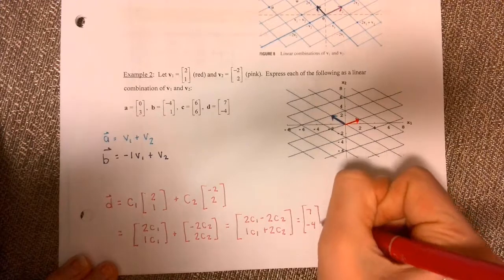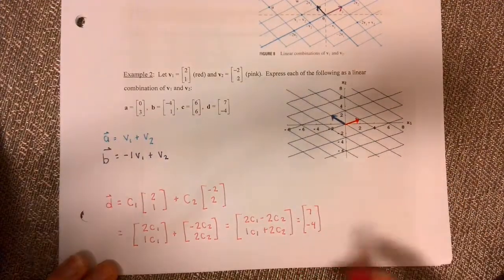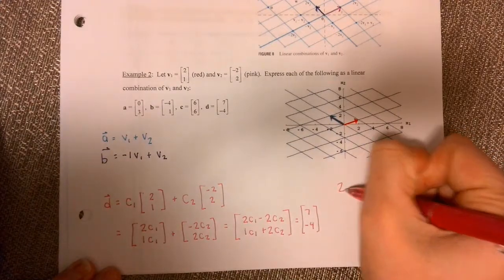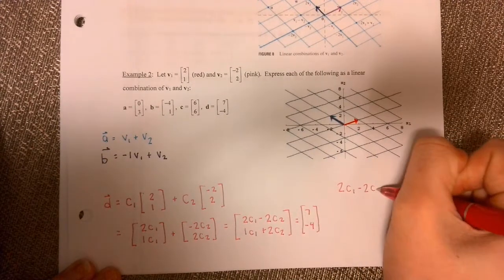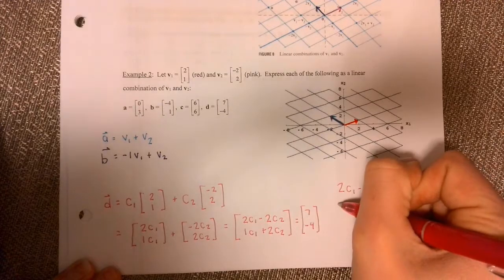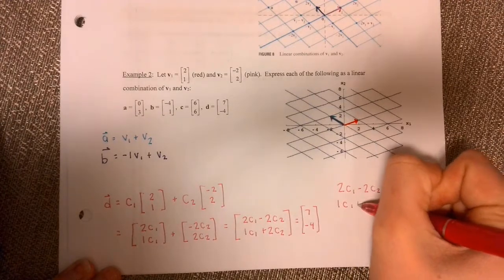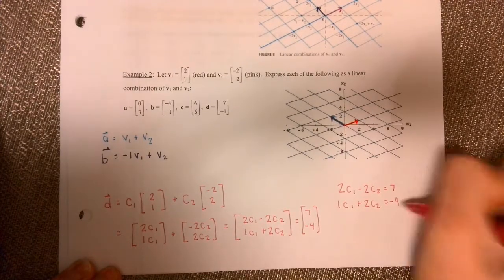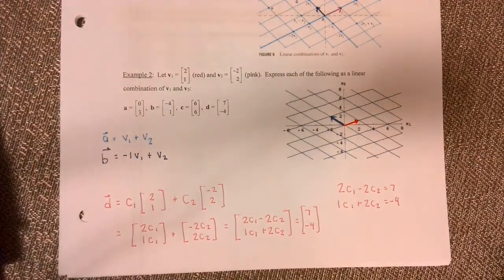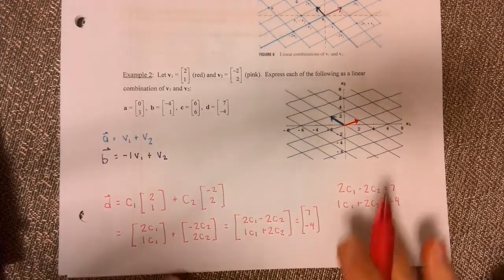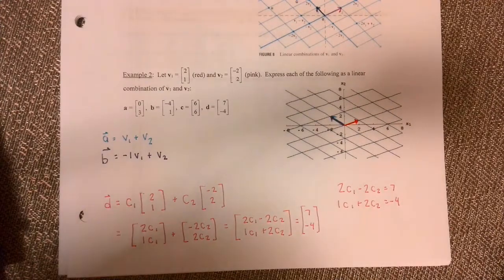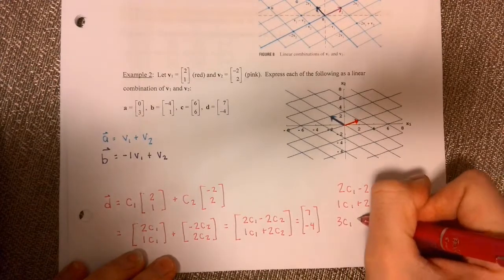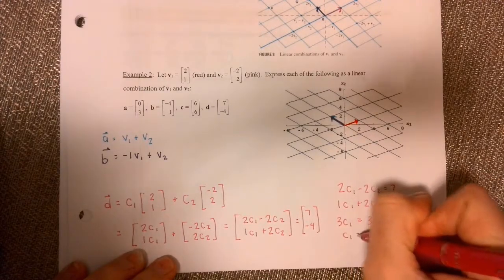So I've just created a system of equations that is perfectly solvable here. If I write this out to the side, I would get 2C1 minus 2C2 equals 7, and 1C1 plus 2C2 equals -4. If I add those together, I will get 3C1 equals 3, so C1 will equal 1.